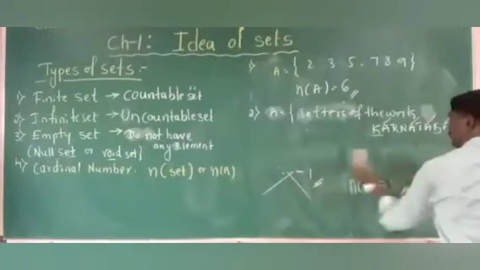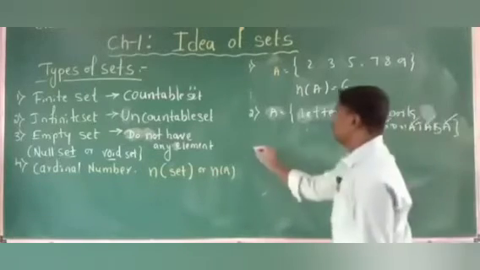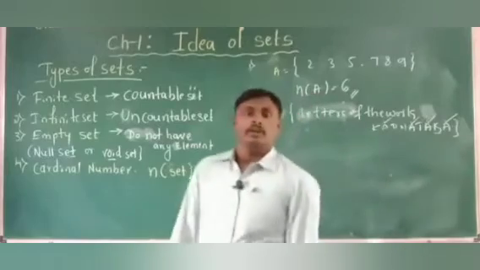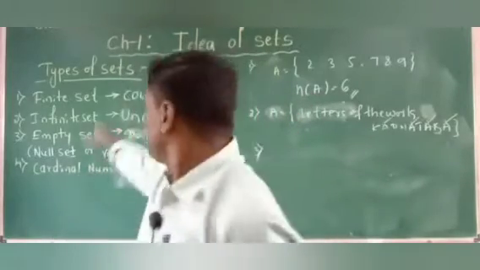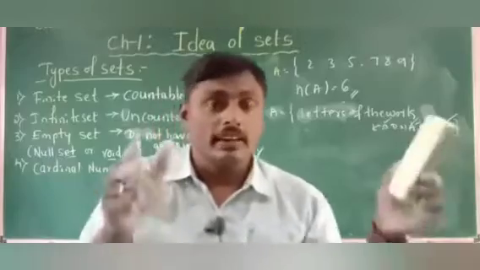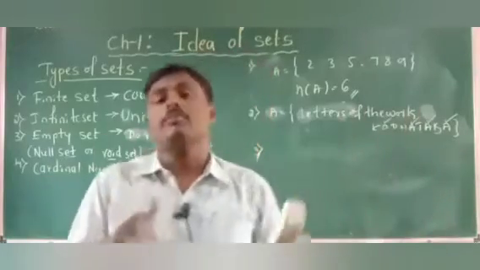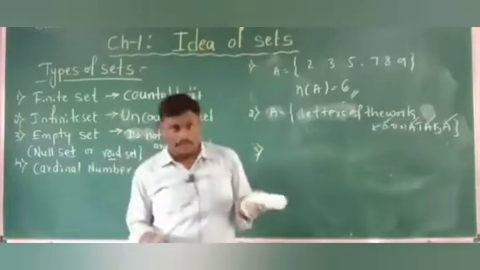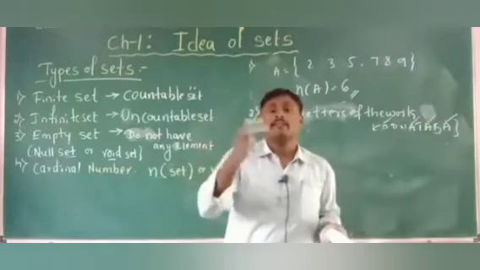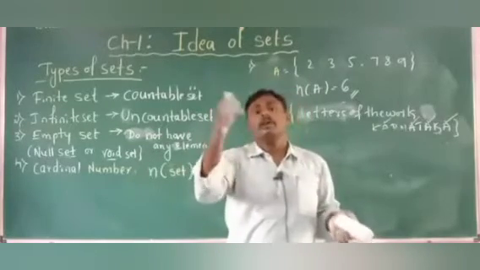Next, the third one is for infinite sets. Infinite set means what? The number of elements existing in that particular set, we cannot count. It means that set has an uncountable number of elements.